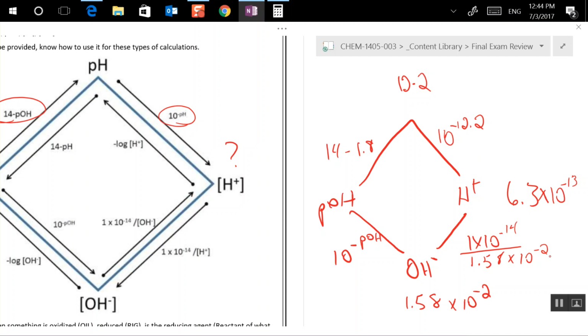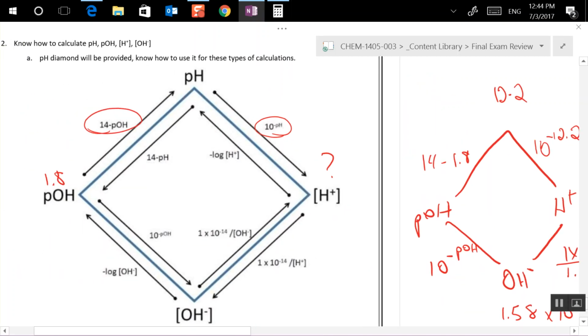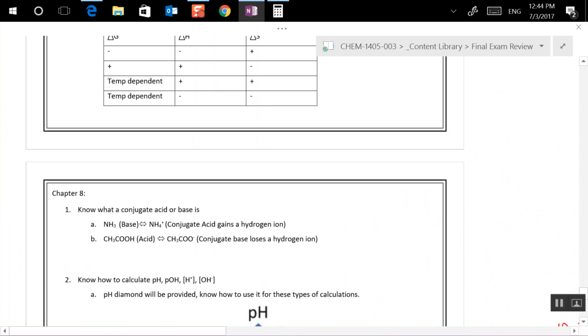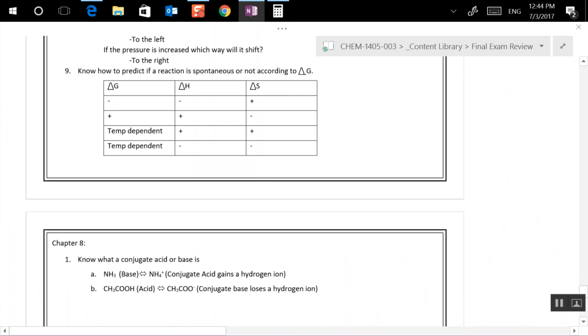Okay, what else are you guys worried about with pH? With acid base? Are you okay with conjugates?